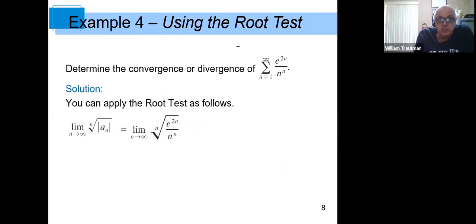So here's a sub n. If I take the whole thing in radical form, I get this. You can also do, if you wanted to, you can also do this. That's an n.